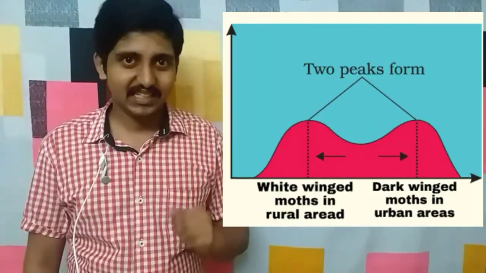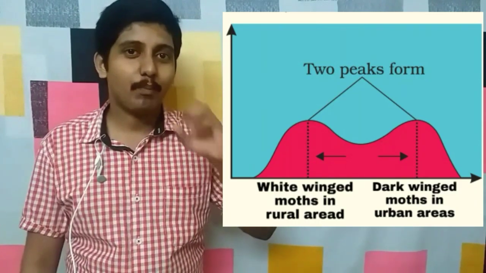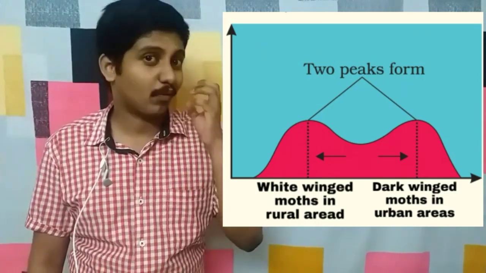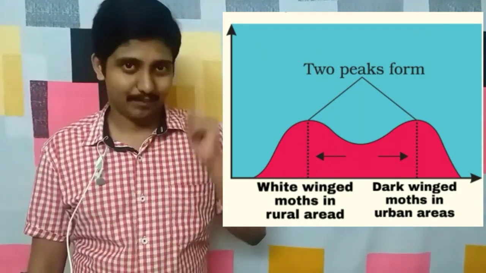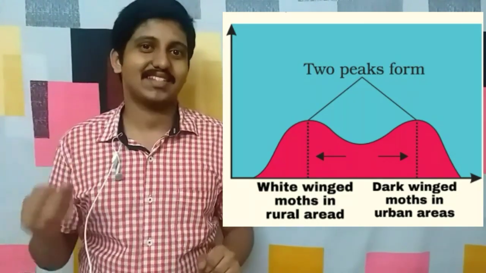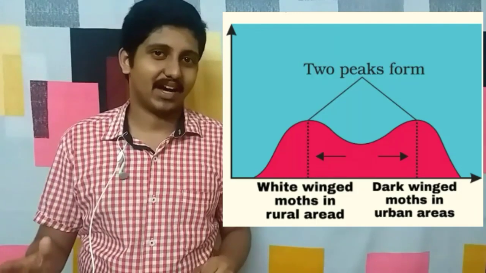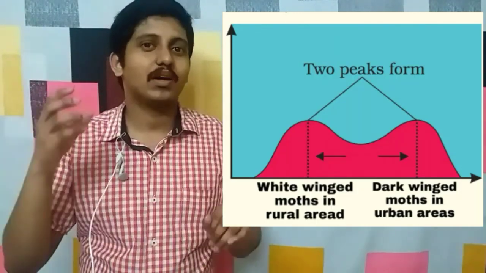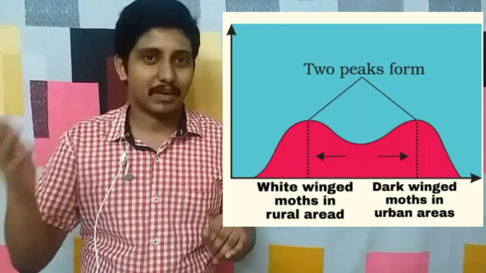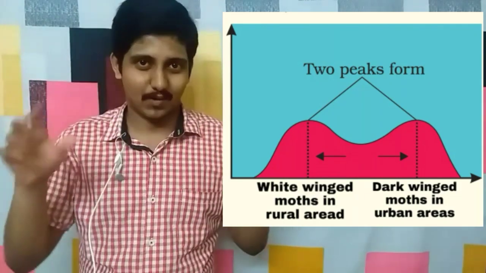Now let's see an example for the disruptive type of natural selection, that is London's peppered moths. In London, in rural areas, the population of the light-winged or white-winged moths was higher, but in urban areas, the dark-winged moths were higher. This is because in urban areas, the dark-winged moths were able to hide themselves from the predators among the polluted surroundings.